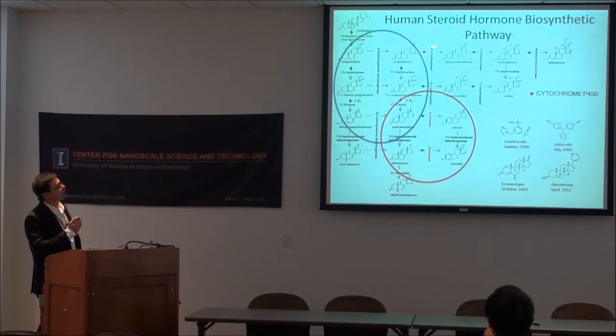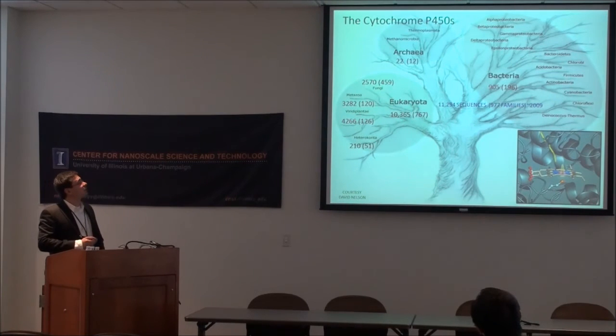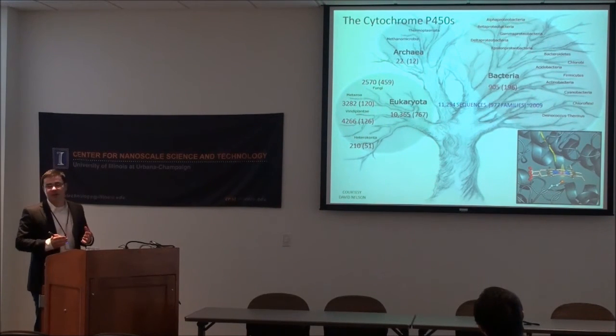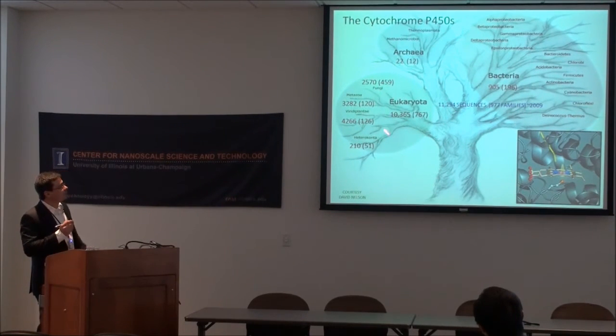You can see each dot here represents the activity of a cytochrome P450. So what are they? The cytochromes P450 are a large superfamily of enzymes that are generally regarded as the hydroxylators of unactivated alkane chains. It's a huge superfamily, absolutely ubiquitous, present in all branches of the tree of life. In 2009, there were 11,000 sequences, and today I think it's over 17,000.